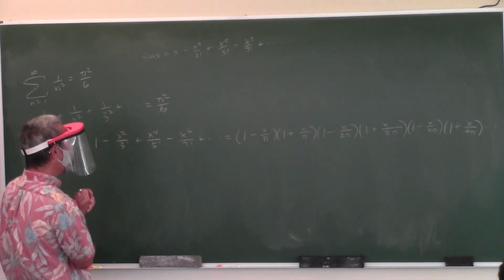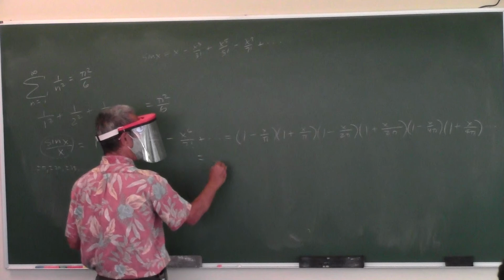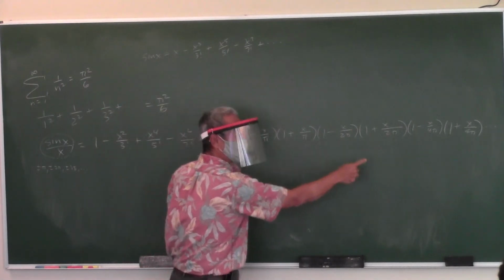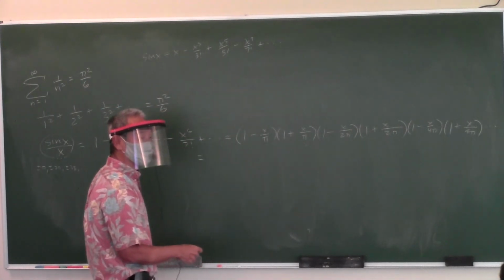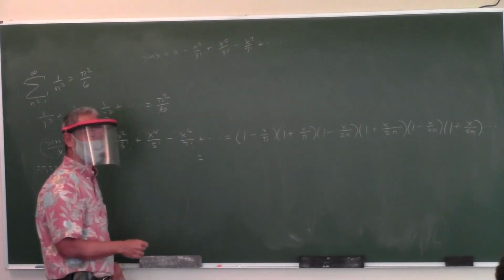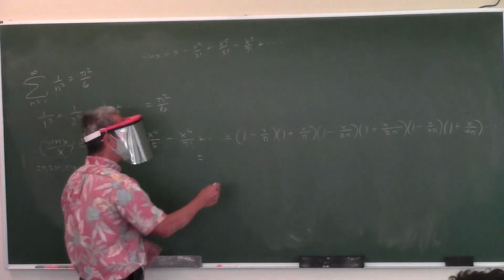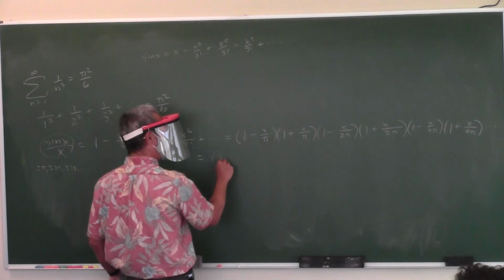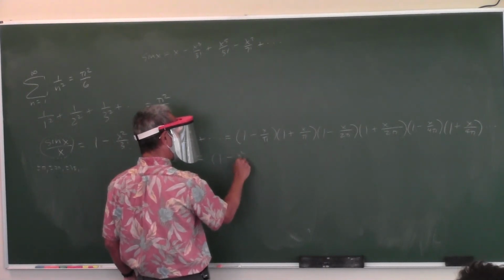So what we need to do, and here's the hard part, is multiply this out forever. I'll multiply the first two, you get 1 minus x squared over pi squared.